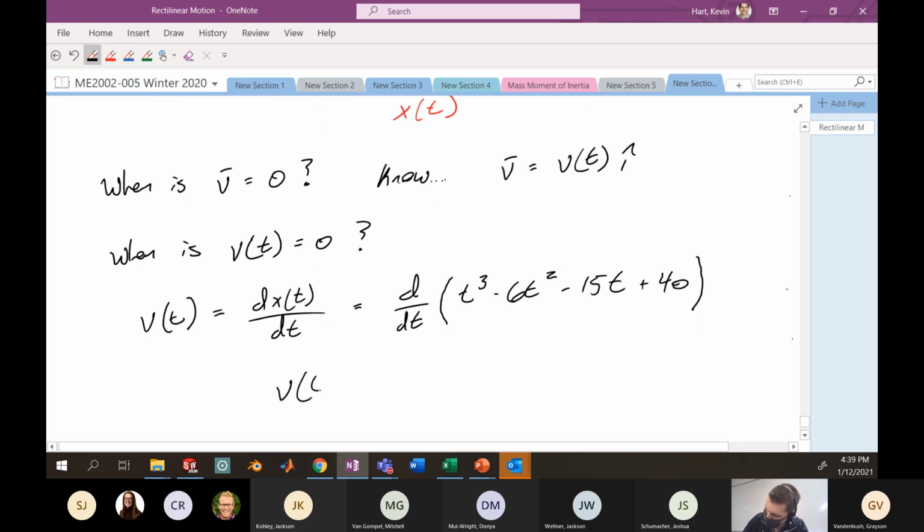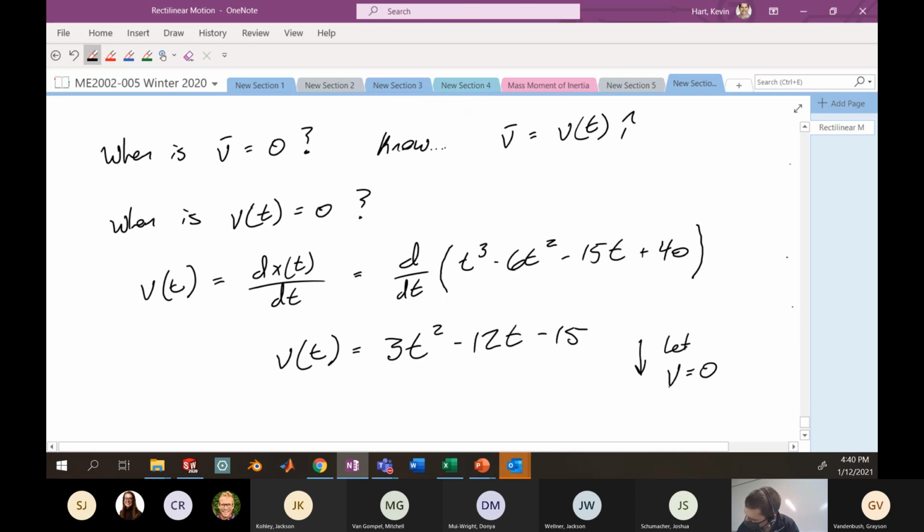So my expression for velocity as a function of time in this particular problem, taking this derivative, is 3t squared minus 12t minus 15. I want to know when this is equal to 0. Set the velocity equal to 0 and find t.